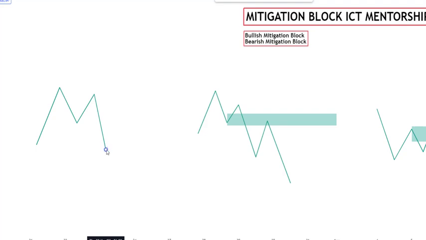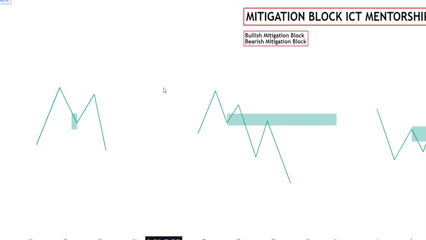Remember, if you watch the video on breaker block, I told you that a breaker block is a failed order block somewhere around here. So this order block that was supposed to be our support in this trending market is now becoming something like a resistance. So it is no longer an order block, but a mitigation block.